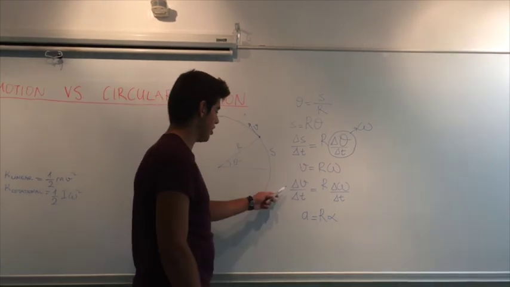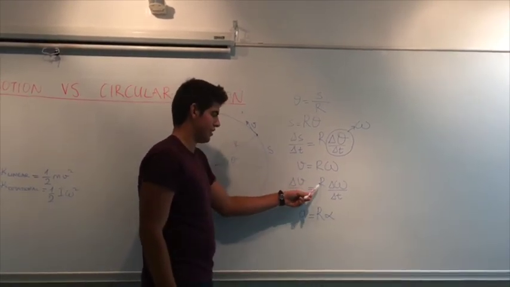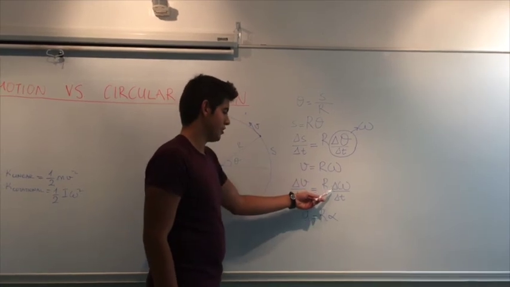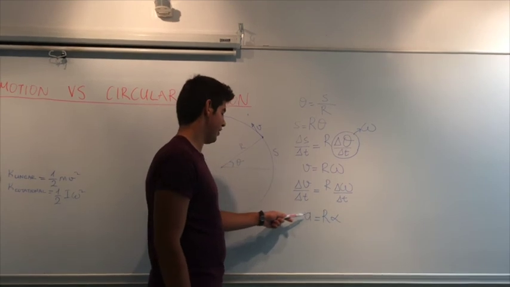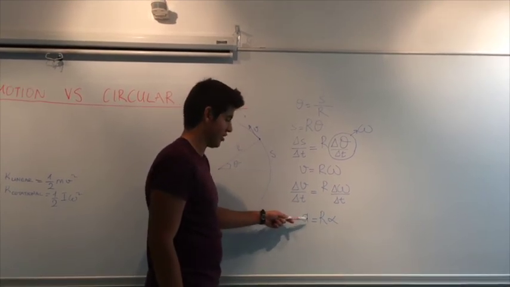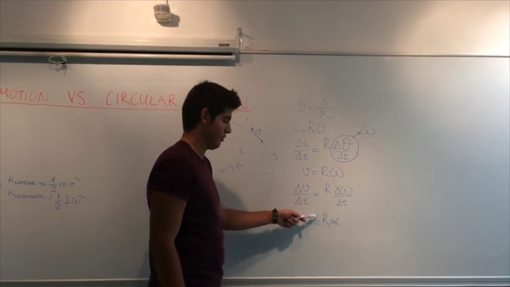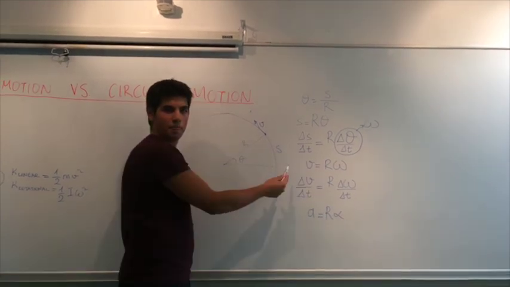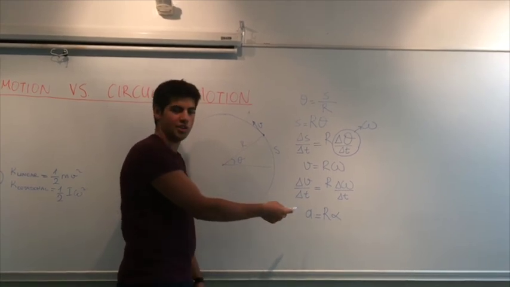And then the rate of change of velocity for angular motion would be the radius times the rate of change of angular velocity over time, which would then turn linear acceleration into rotational acceleration, so alpha times the radius of the circle. These two linear quantities are also commonly referred to as tangential quantities.